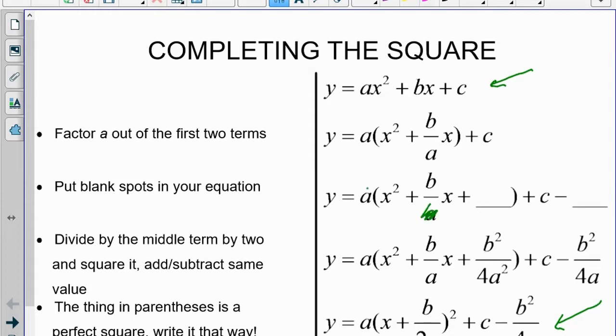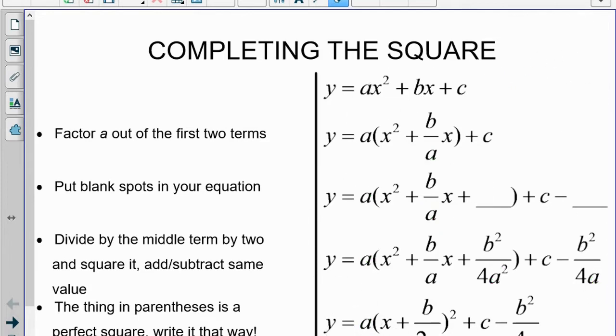So you would basically be doing everything without the a, and it would look like this. Everything would look exactly the same even if there is no a. But you factor a out of the first two terms if you need to.